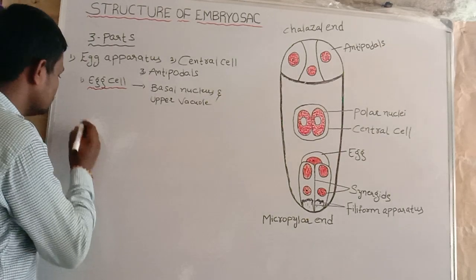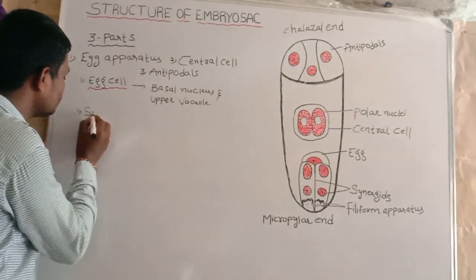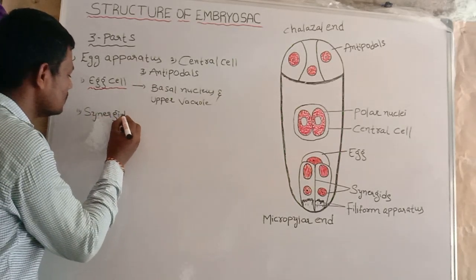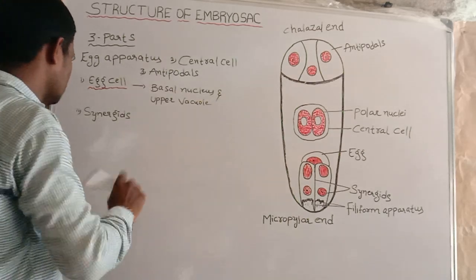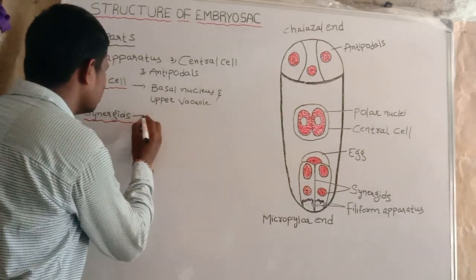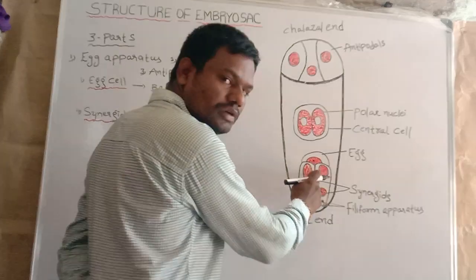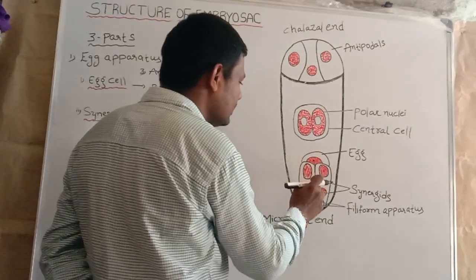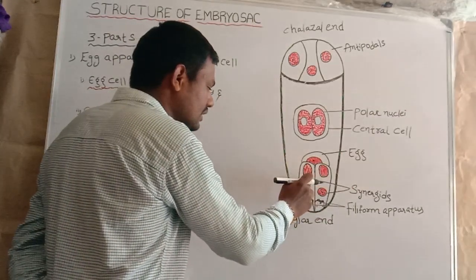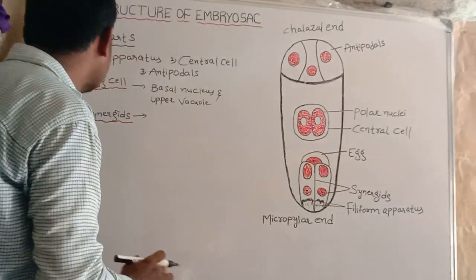And the second one is the synergids. The two lateral cells present in the egg apparatus are called synergids.